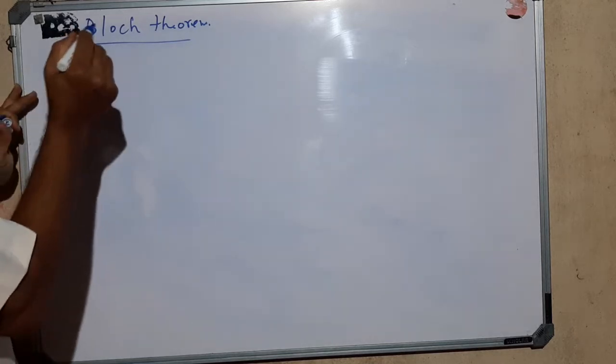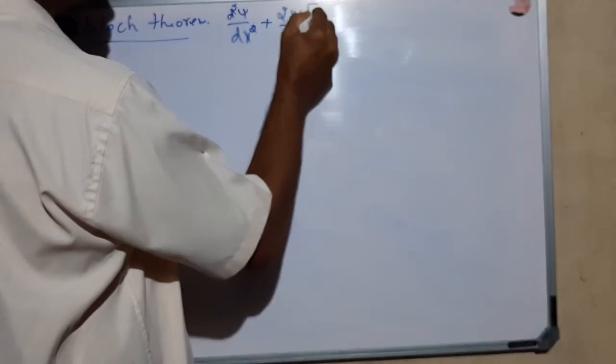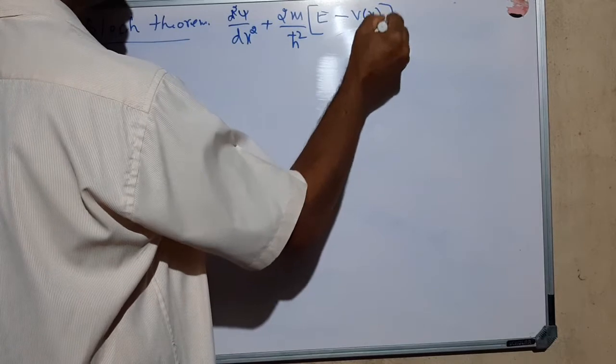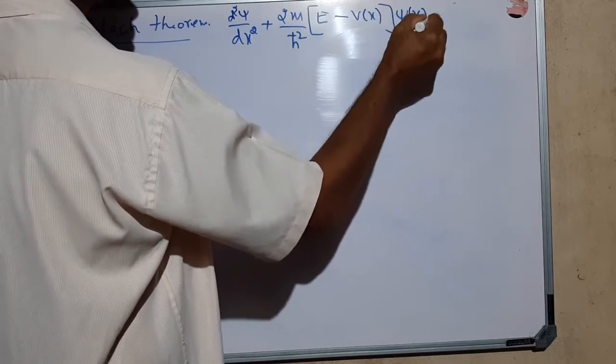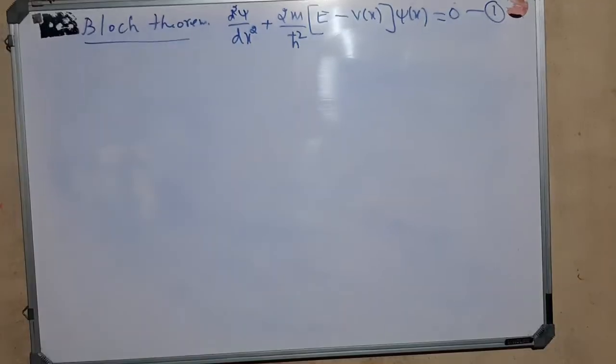That is d square psi by dx square plus 2m by h cut square into E minus V of x into psi of x is equal to 0. This is equation number 1.